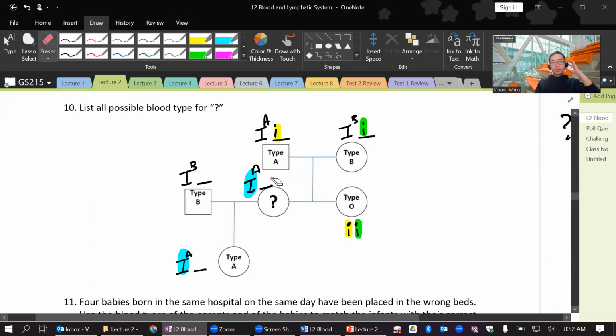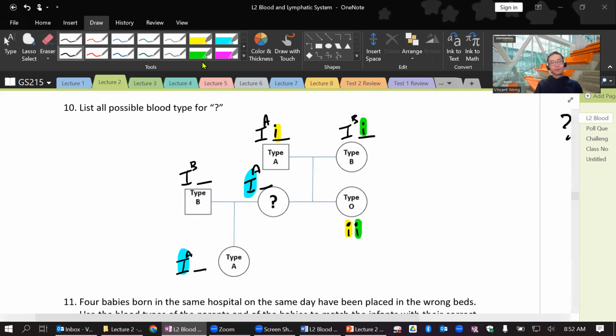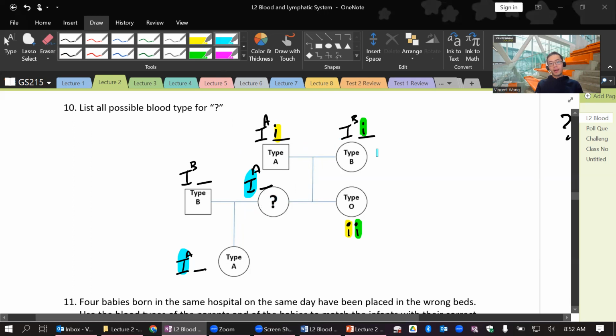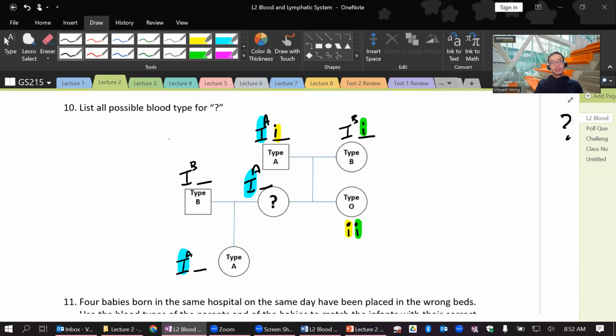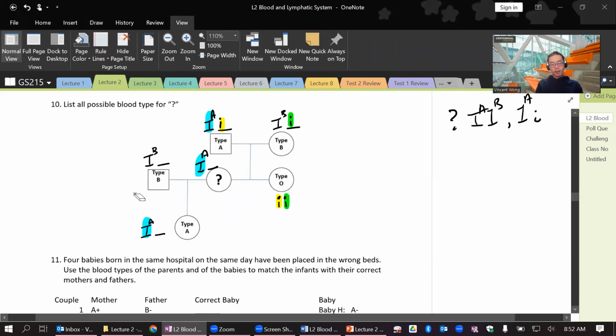But what about the other half of the genetic material? Where did question mark get her IA? If you look back to her parents, it has to be the father, right? Based on the current family tree, we do not have enough information to know whether the question mark inherited IB from the mother or little i from the mother.